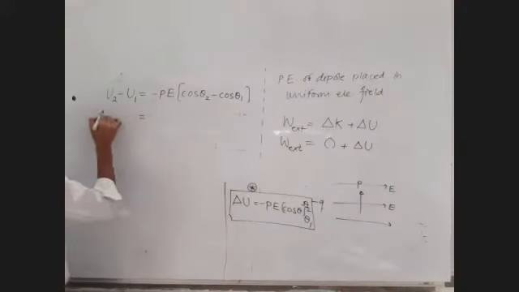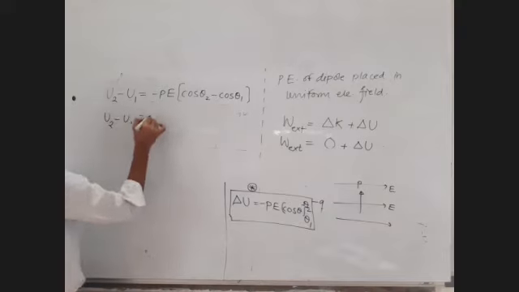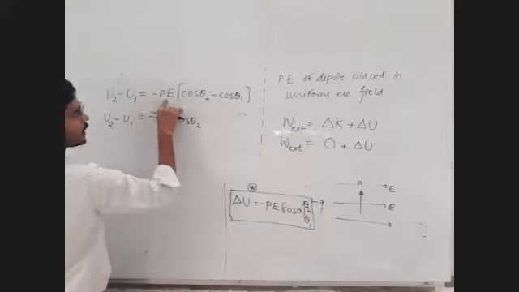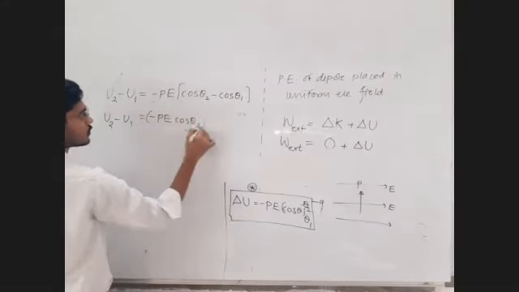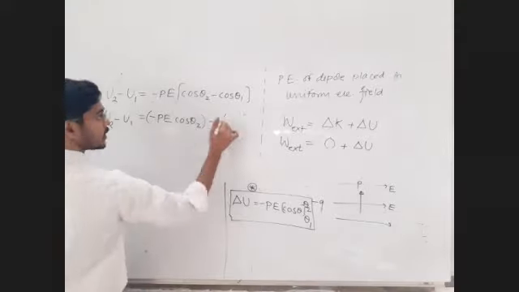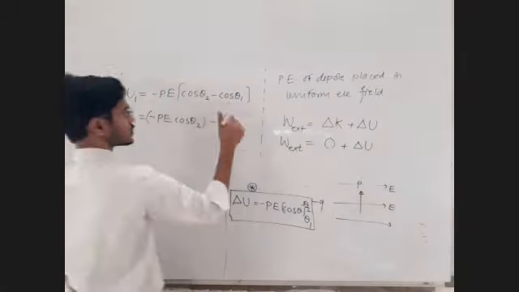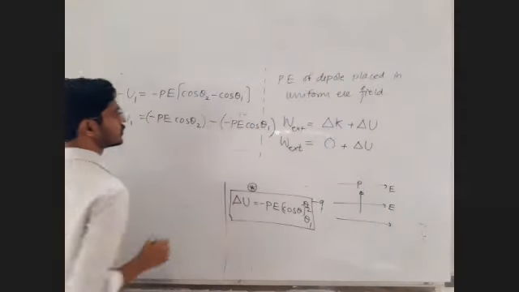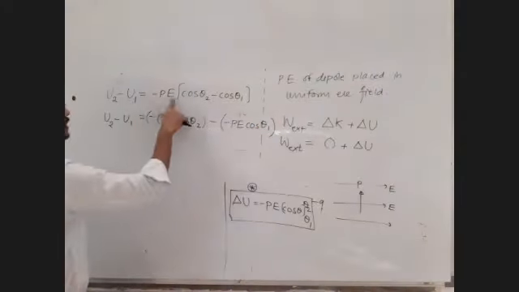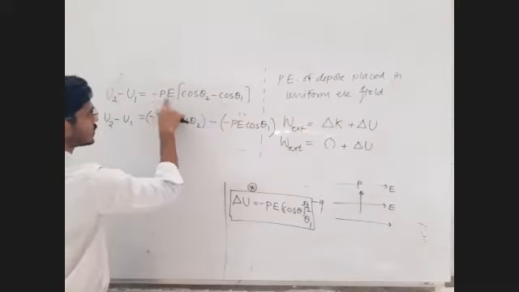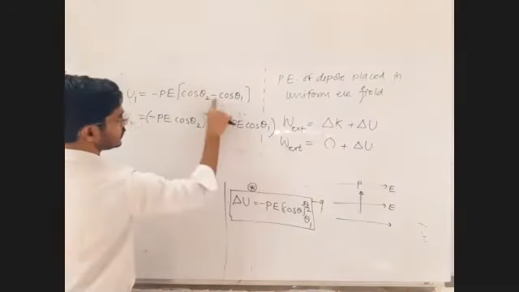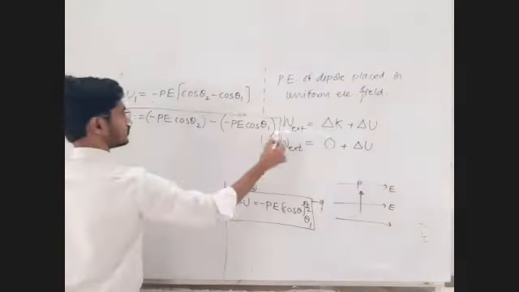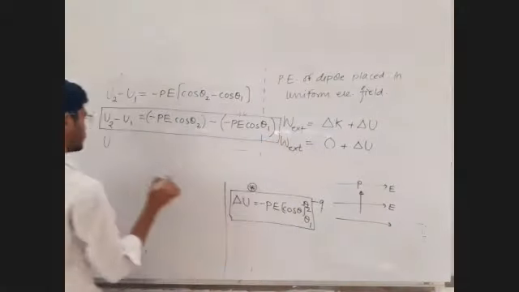Generally people write it like this: U2 minus U1 equals minus PE cos theta 2, minus the minus PE cos theta 1. Do not get confused because of the signs. This minus as it is. So that gives you the formula for change in potential energy.